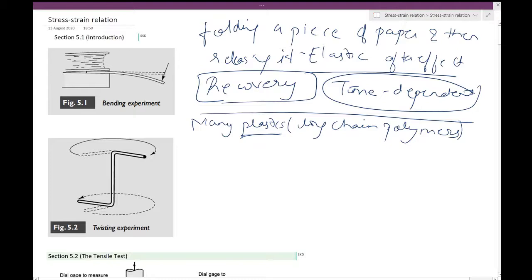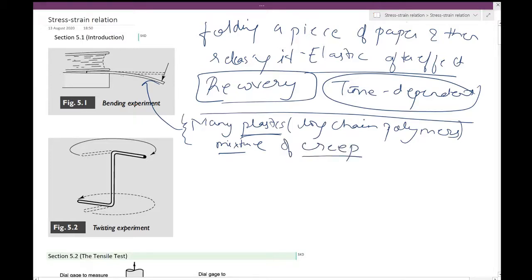So they offer a mixture. When you do this experiment on those plastics, you may not be able to do this one. I mean, you have done it for a matchstick, you have done it for a paper clip, steel for that matter, but maybe you won't be able to do it for this one. But this is just something which you should know, that these sort of plastics exhibit a mixture of creep.